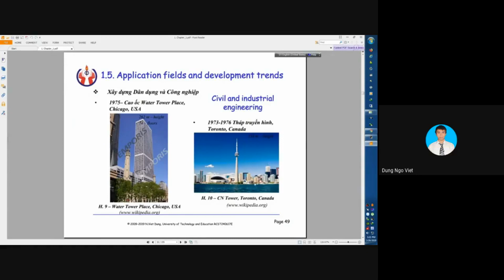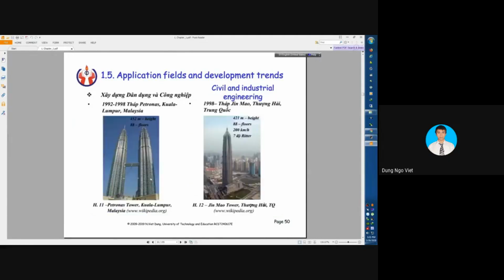And this is the TV tower in Toronto, Canada, with the height 553 meters, and it's also been constructed by reinforced concrete. And here is the Petronas Tower in Kuala Lumpur, Malaysia.